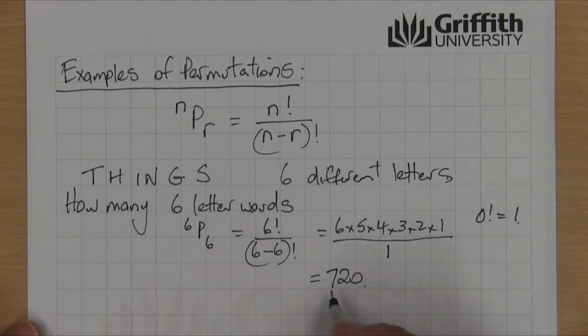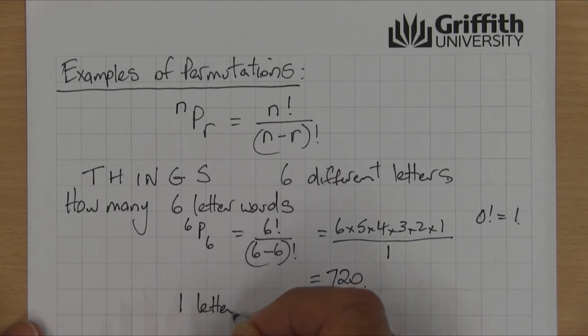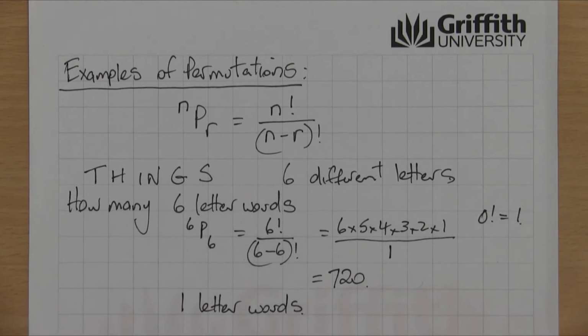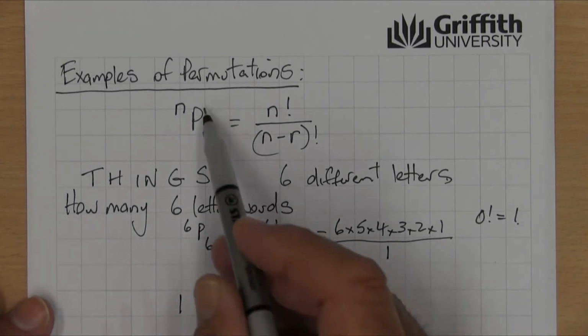So how many 1-letter words? Let's be a bit ridiculous here. Now your common sense would tell you there will be 6 ways, because you could choose the T, the H, or the I or the N or the G or the S. How does this stack up though using this formula?